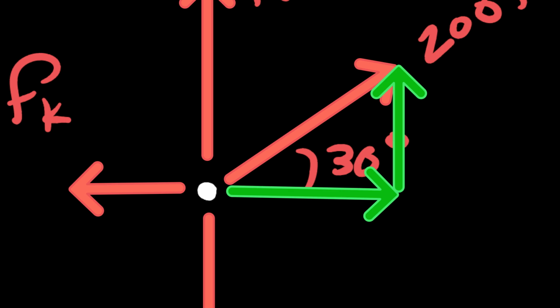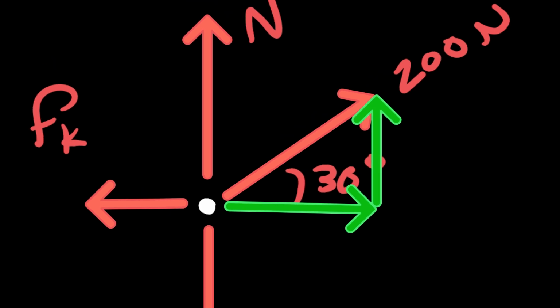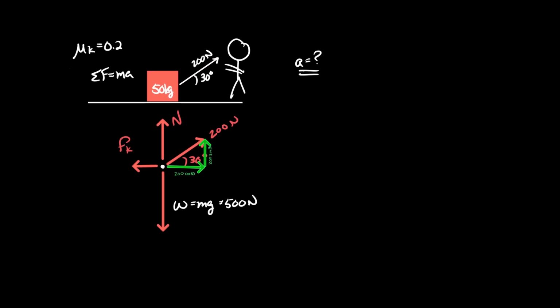So my sideways force is 200 cosine 30, because it's the adjacent side. And my up and down force is 200 sine 30. You guys see that okay? Almost done with that stuff.